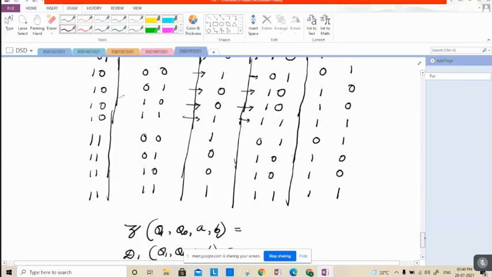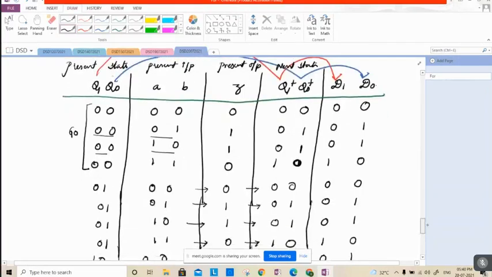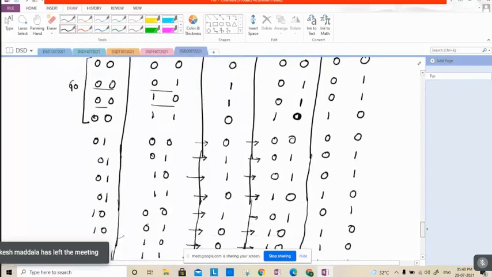Can someone tell me the expressions for this? Use K-maps, 4-variable K-map.